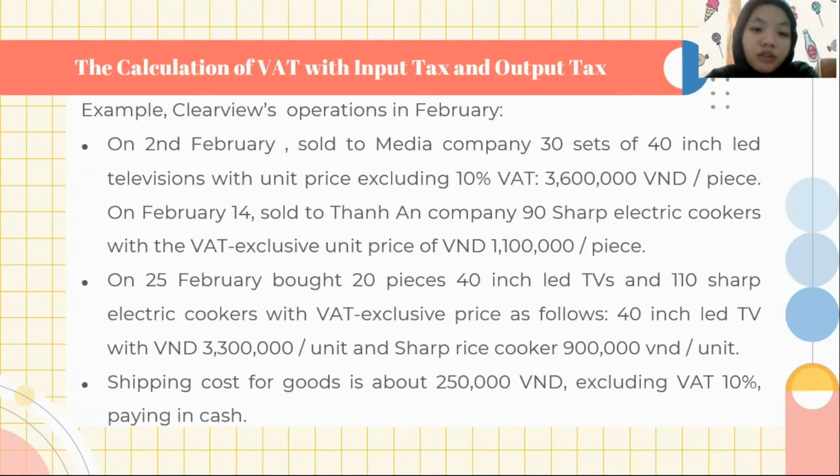On 25 February, bought 20 pieces of 40-inch LED TVs and 110 Sharp electric cookers with VAT exclusive prices as follows: 40-inch LED TV at VND 3,300,000 per unit and Sharp rice cooker at 900,000 VND per unit. Shipping cost for goods is about 250,000 VND excluding VAT 10%, paid in cash.